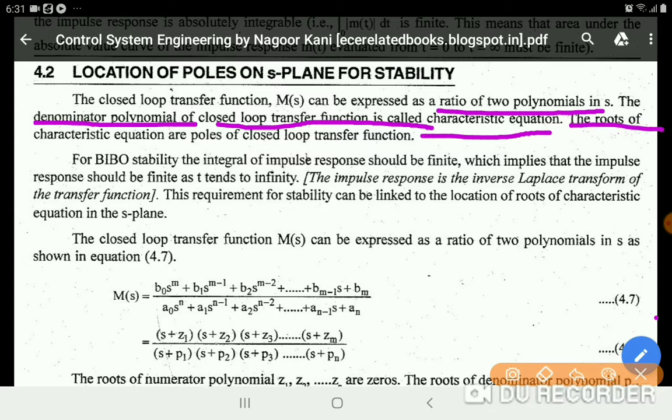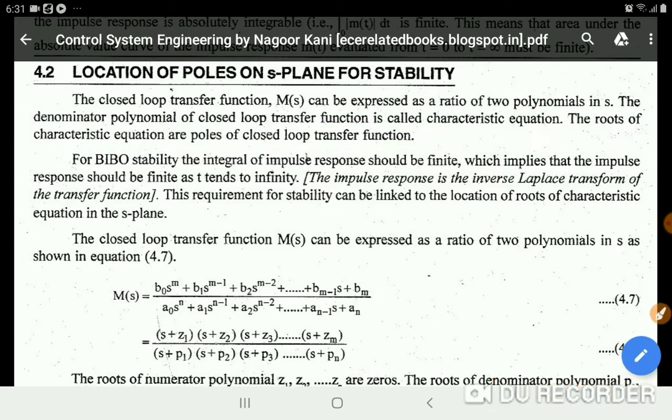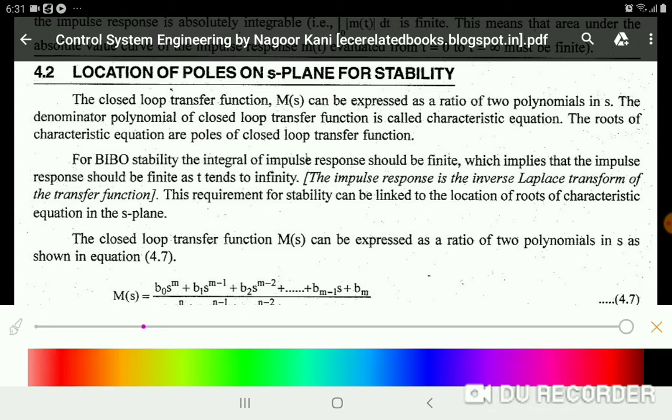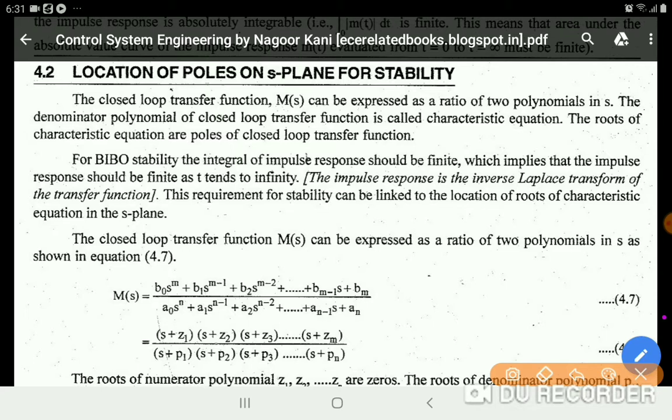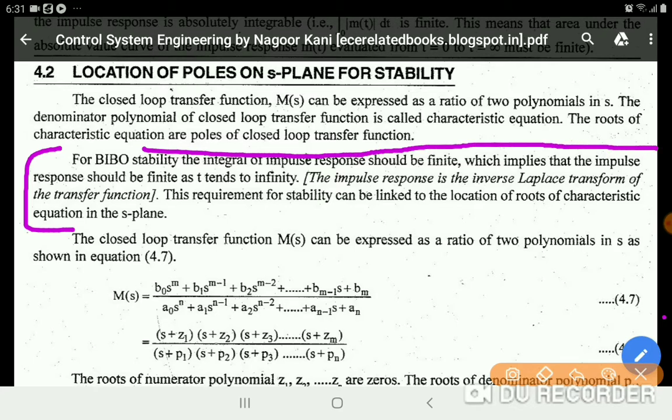The roots of this characteristic equation are the poles of the closed loop transfer function. Then as far as BIBO stability, the integral of the impulse response should be finite, which implies that the impulse response should be finite as t tends to infinity.